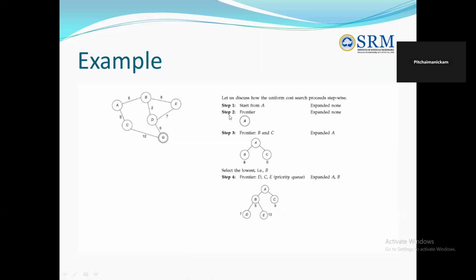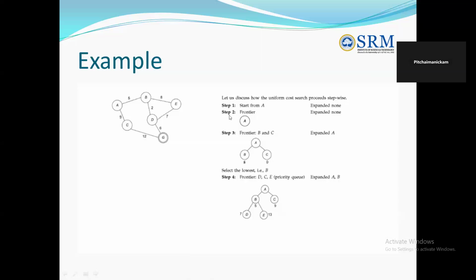You take out one node, that is A, and note it down. In step two, the frontier is node A, so from this node we perform the expand operation. What do we mean by expansion? We need to find any children available for the particular node.